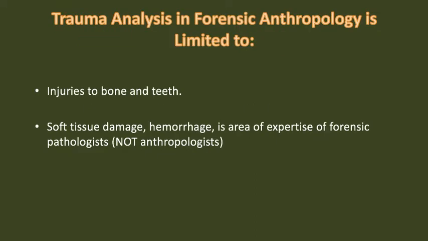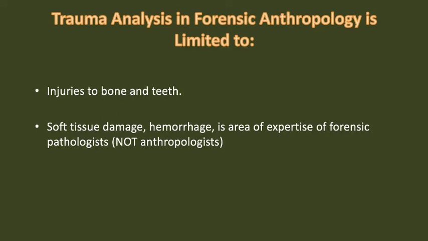Okay, so trauma analysis in forensic anthropology focuses on bone and teeth. This is a recurring theme that we've talked about throughout the semester. It's important for a forensic anthropologist to know how soft tissue decomposes, for example. But as far as trauma analysis goes, the forensic anthropologist is going to be exclusively focusing on the bones and the teeth.